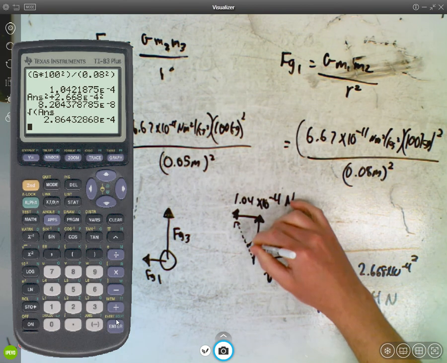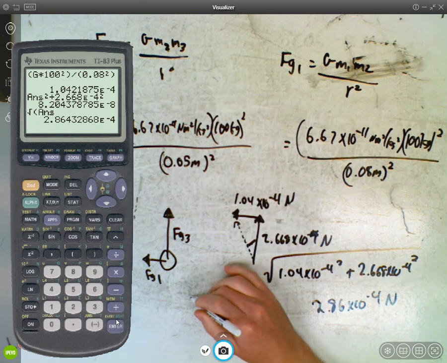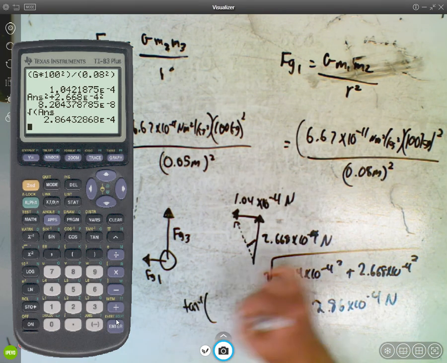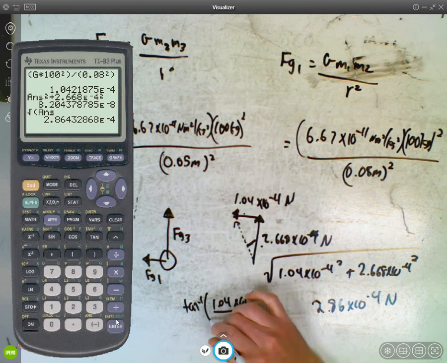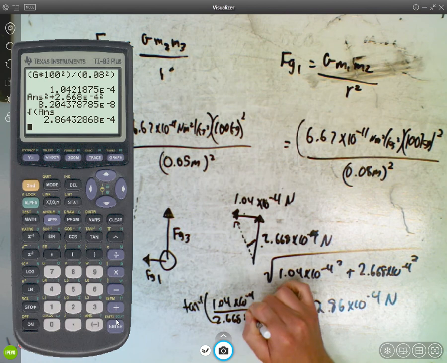And then we also need an angle. So we'd have to go tan negative 1 of opposite over adjacent, so 1.04 times 10 to the negative 4 over 2.668 times 10 to the negative 4. So I'll have to tan negative 1 those.